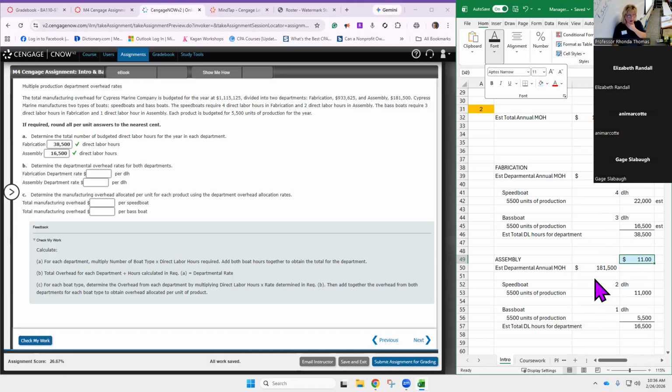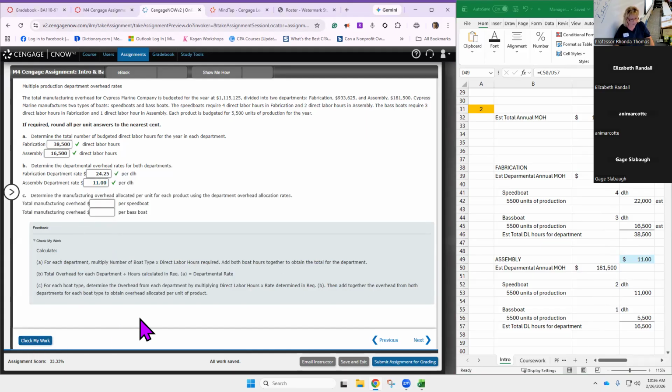So if you spend a lot more time doing something, it should reflect how much overhead is allocated, right? So let's put the amounts in and see if we're close or if we've got to keep working. So I got $24.25 and I got 11. Let's see if we're okay. Yes, we are.